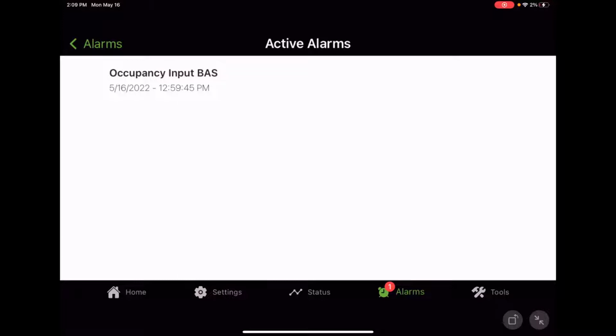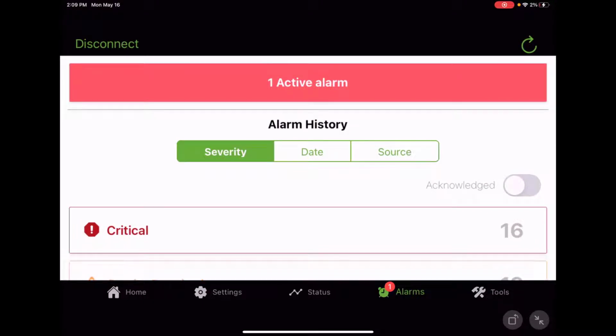That point is an alarm, so we would need to go and see what's going on with our occupancy input from the BAS system. Now I've taken the unit out of BAS control, so hopefully we'll be able to reset that, but a little more on that in a bit.